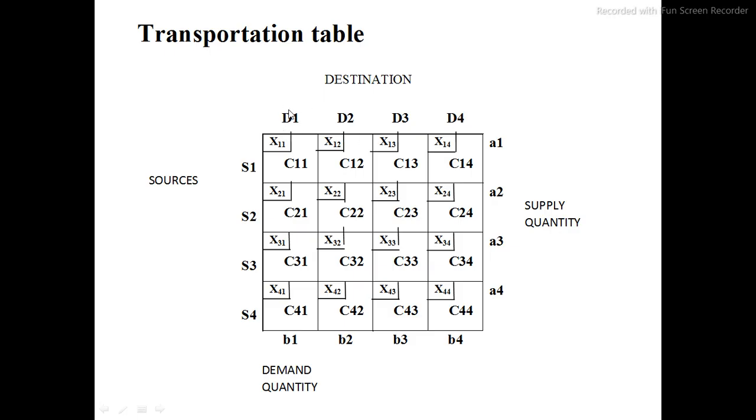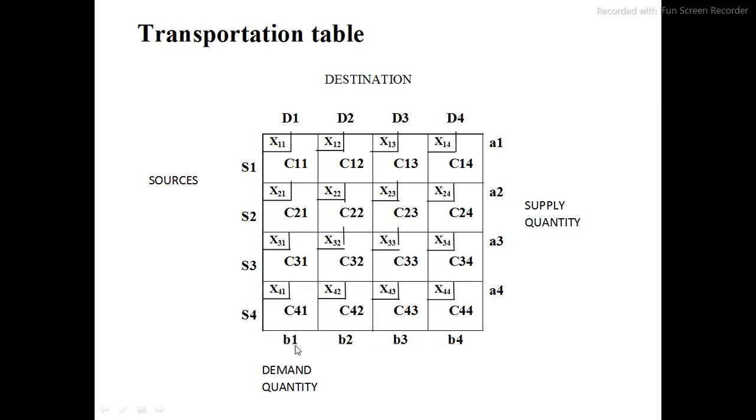Destination 1 has a demand of B1. Destination 2 has a demand of B2 quantities. Destination 3 has a demand of B3. Similarly, D4 has a demand of B4. Similarly, D5, D6, D7 might be there, up to Dj, and demands B5, B6 up to Bj.